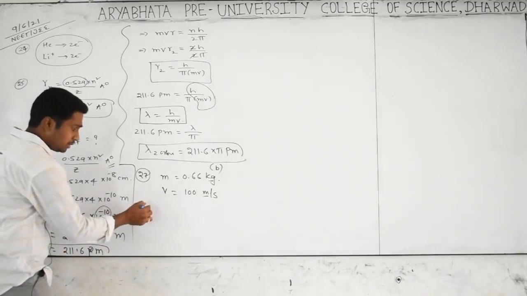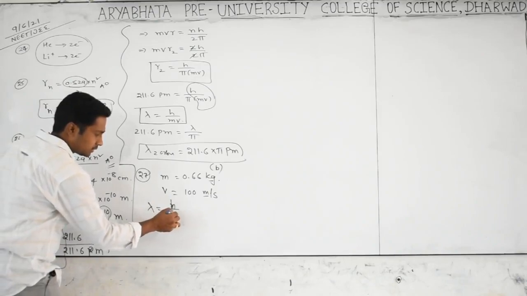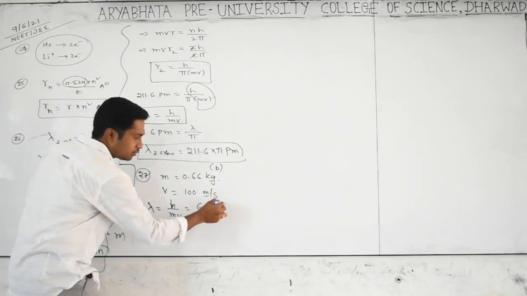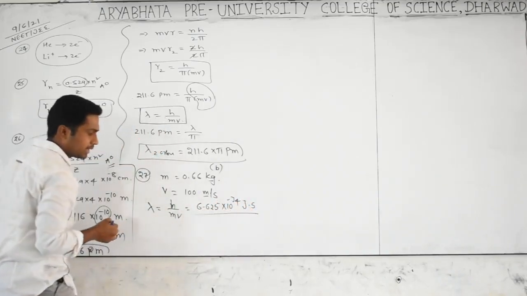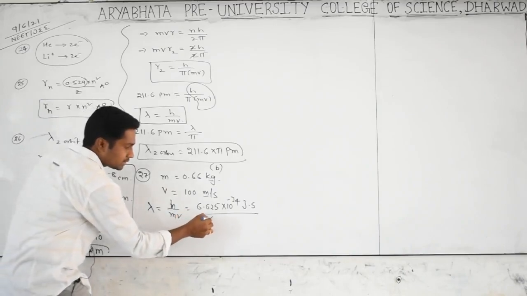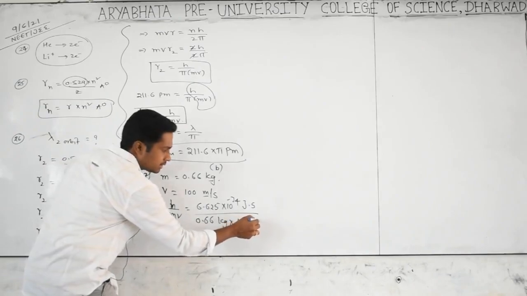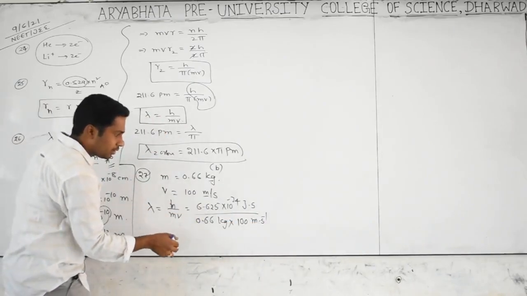So it is similar to the de Broglie equation. Lambda is equal to h by mv. h is 6.625 into 10 to the power of minus 34 joule second, divided by mass 0.66 kg into 100 meters per second. So then what we can do is simplify all these things.